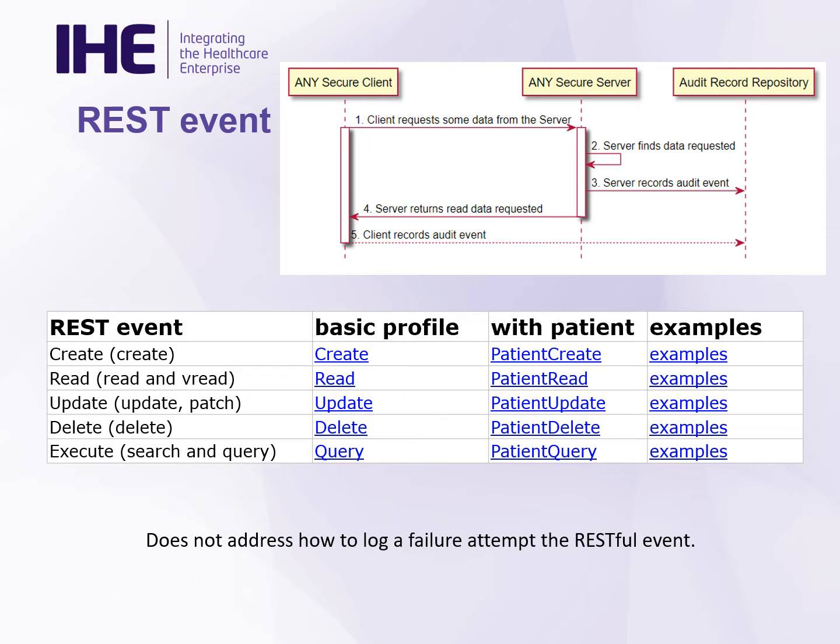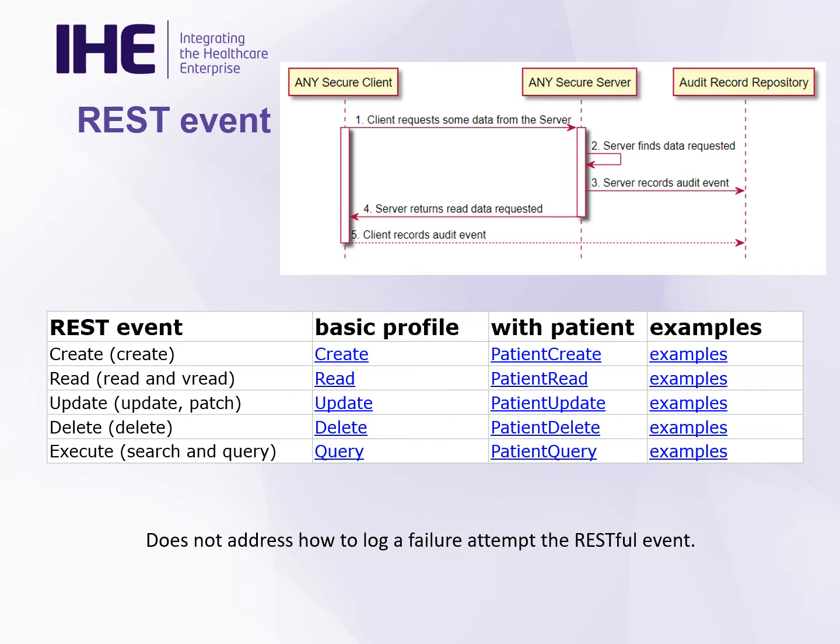Basic Audit isn't really defining 1 and 4. What Basic Audit is defining is what gets recorded in number 3 and what gets recorded in number 5. So these are recognitions that this activity, 1, 2, 4, has happened, and how it would be recorded.